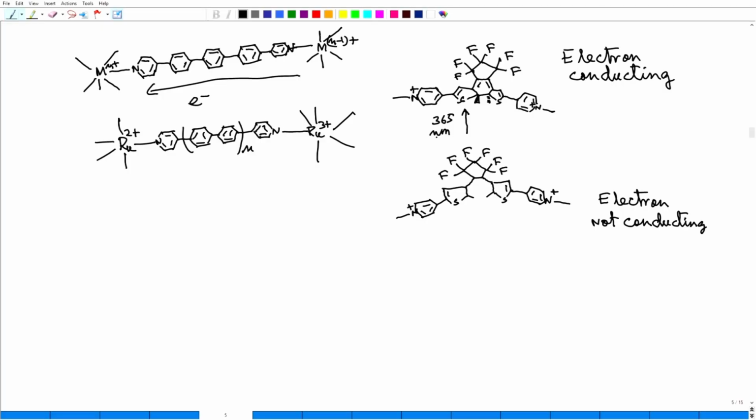Here instead of finger, this is 365 nanometer light. So, electron will start conducting from here to here. And if I heat it with 600 nanometer light, my circuit is open, electron is not conducting.